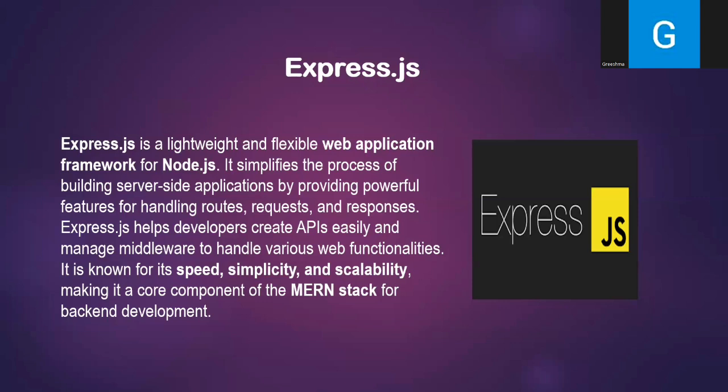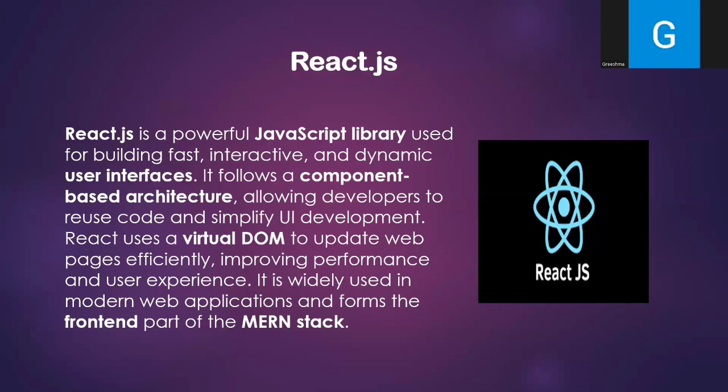After the backend is ready, we need to build a powerful user interface. For that, we use React.js. React.js is a JavaScript library used to design interactive and dynamic user interfaces. It uses a component-based architecture, which makes the code reusable and easy to maintain.